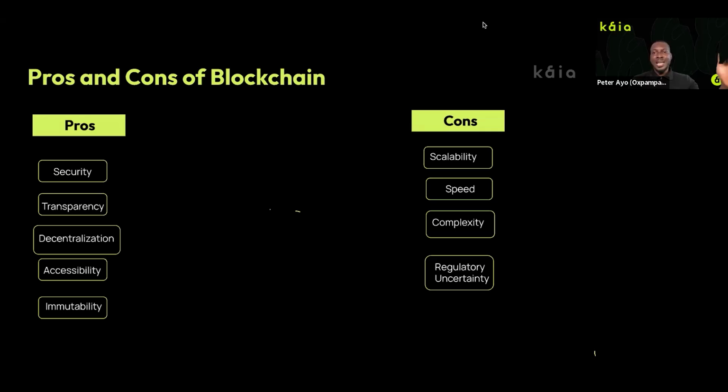Because you can track asset movements or asset flow, or how data is being passed on from party A to party B. What we are saying here is that all the information or data that has been stored on the blockchain is publicly accessible and can be viewed by everyone.